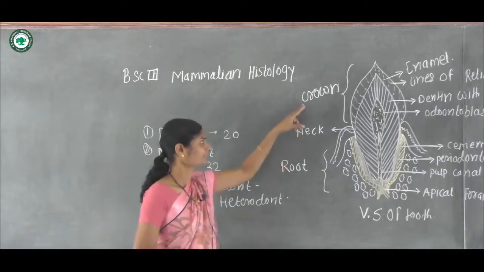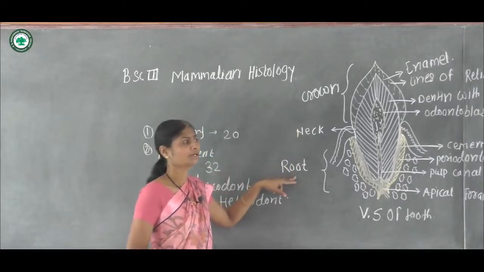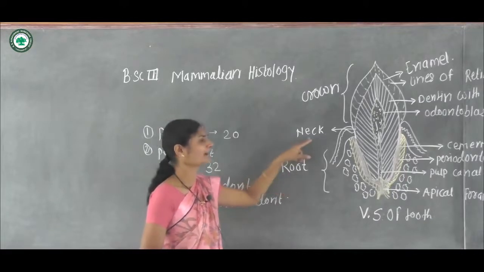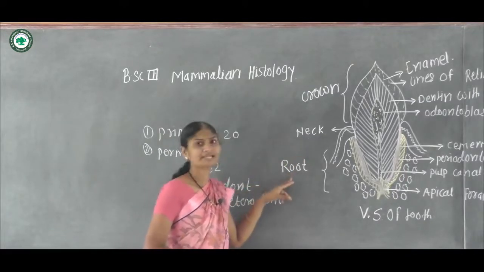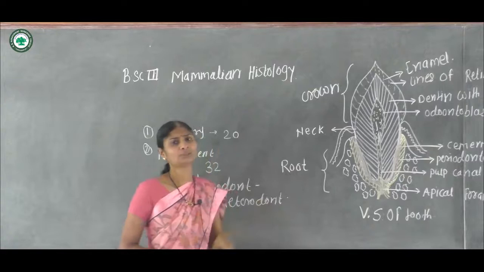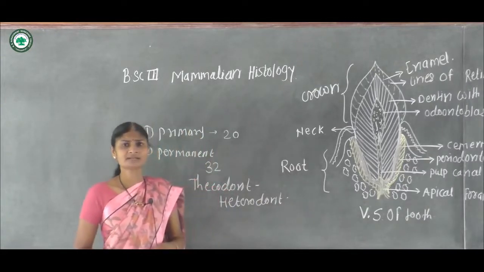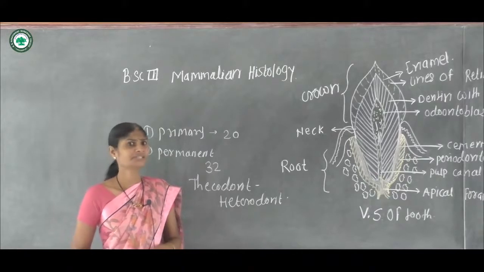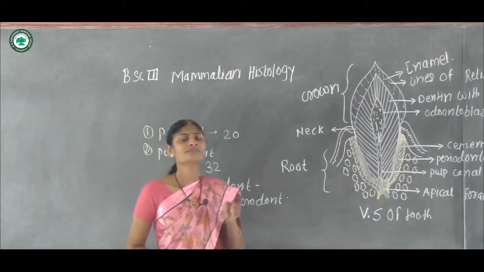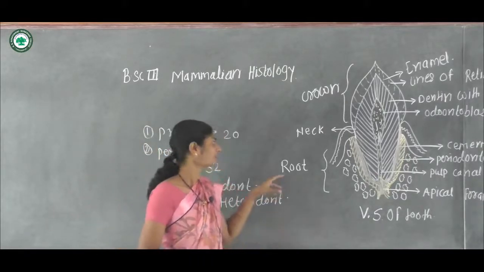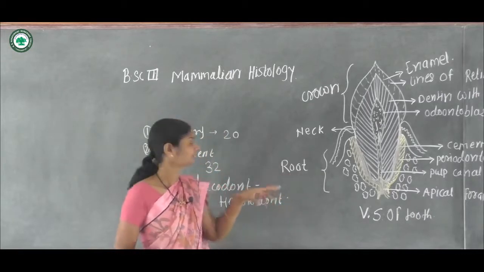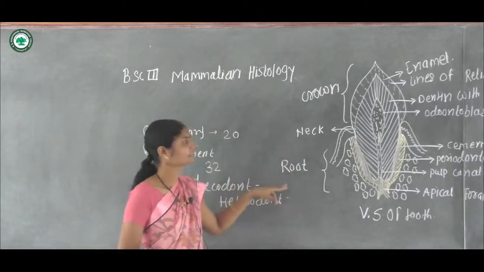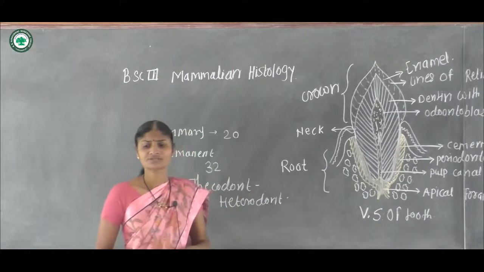The neck is present between the crown and the root. The third part is the root. The root is fixed in the bony socket, just as tree roots are fixed.